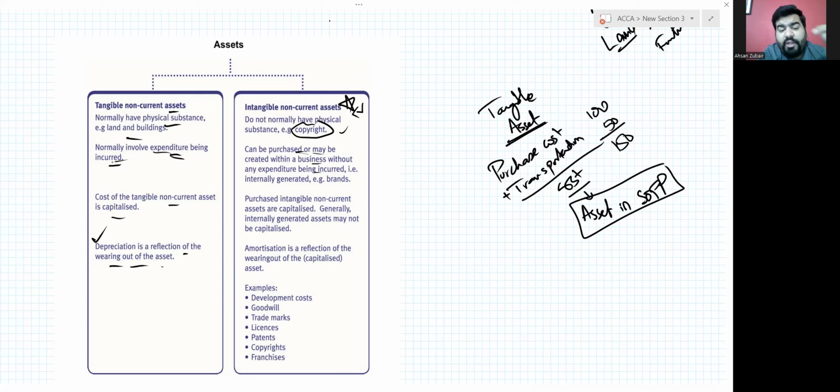But an intangible asset can sometimes be created without incurring expense. For example, I am providing travel services, as a travel agency.